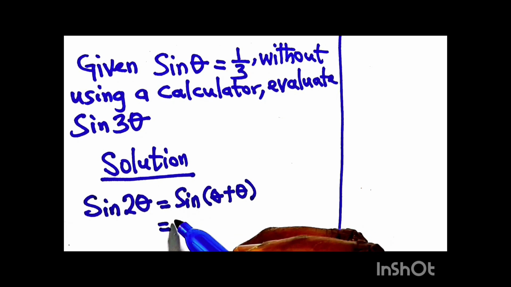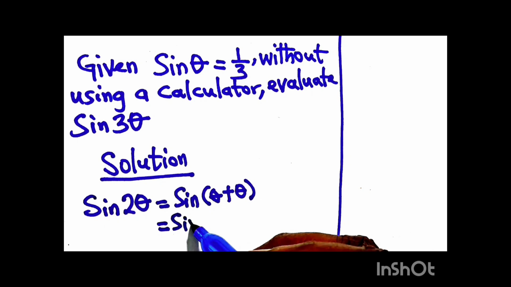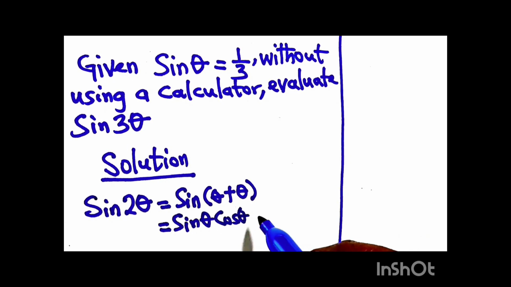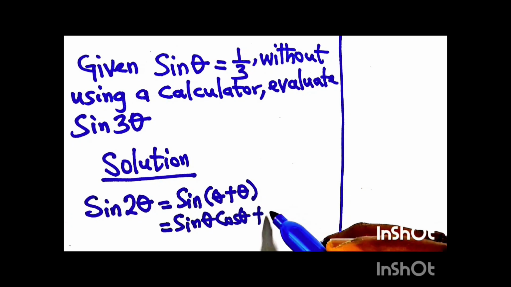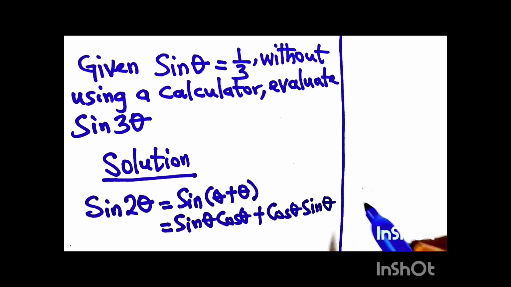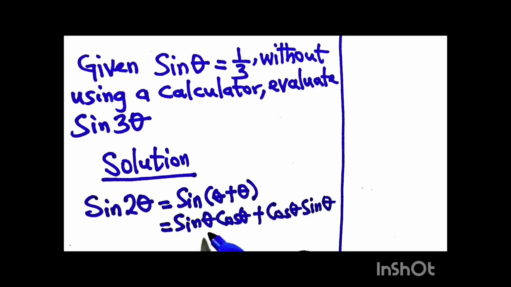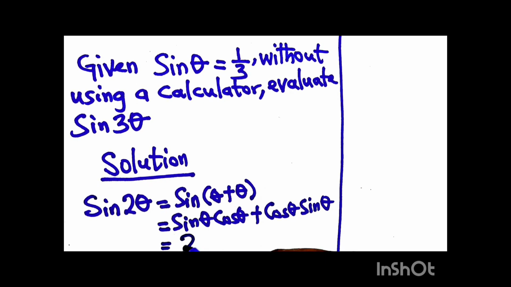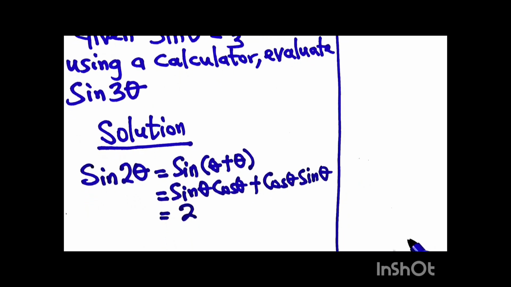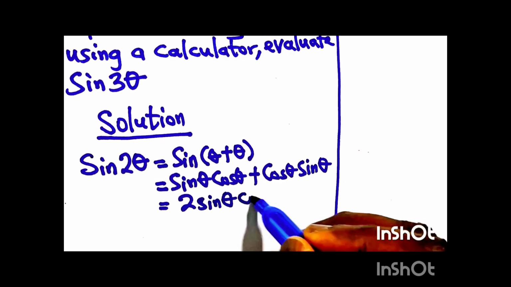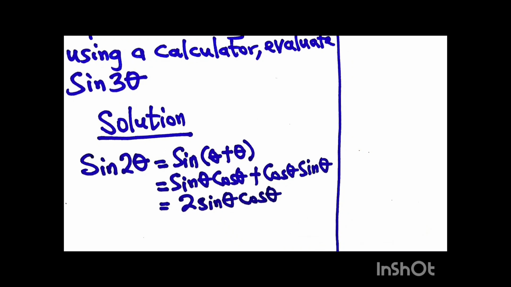How we get that is that we're going to have sine theta cos theta plus cos theta sine theta. So if you have this together, because they are the same, we're going to have 2 sine theta cos theta. So that is an expansion for sine 2 theta.